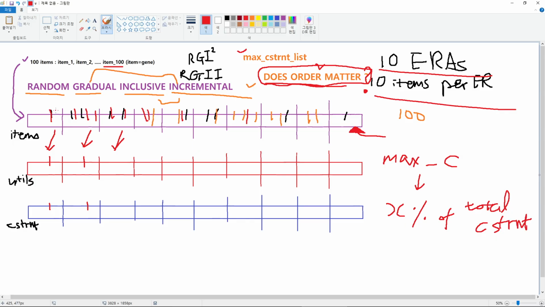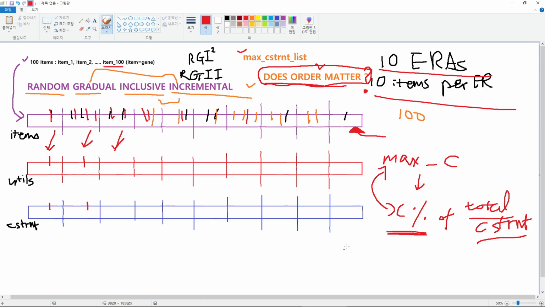So for example, if 20 items were eventually chosen for the second era at the start of the second era, then the total constraint would be calculated, and a certain percentage of that total constraint would be used as the value for maximum constraint.